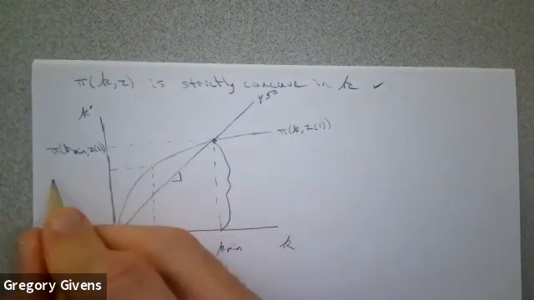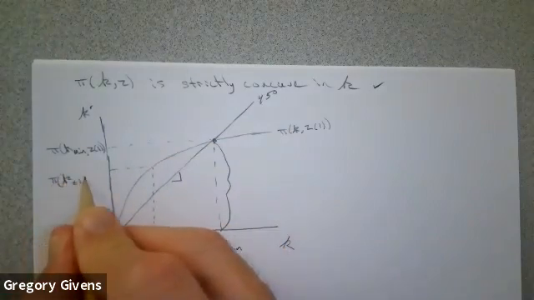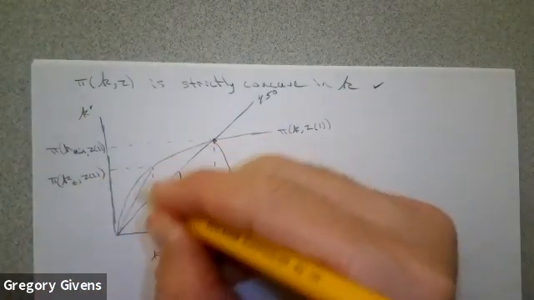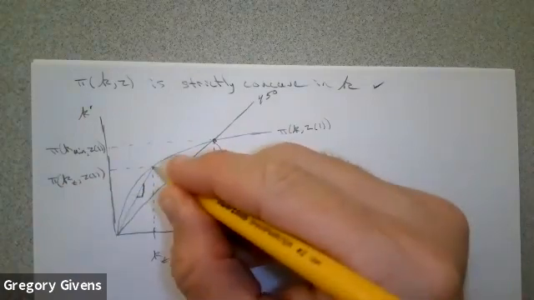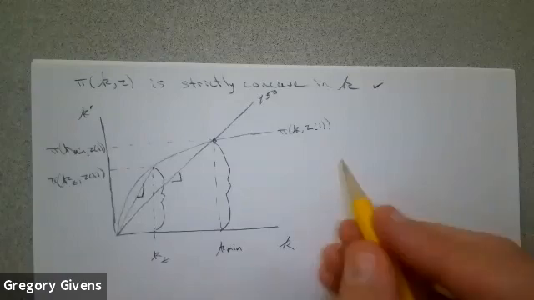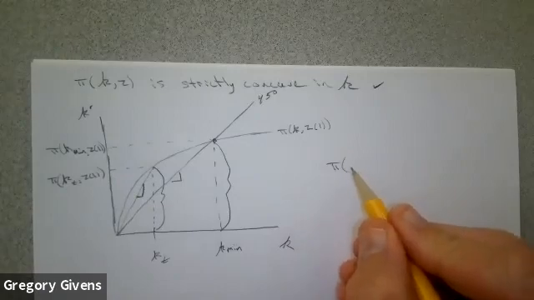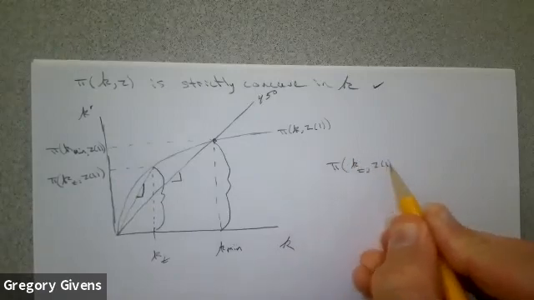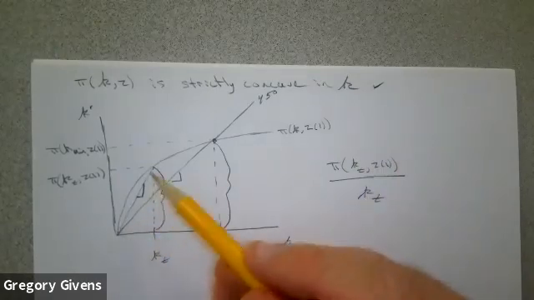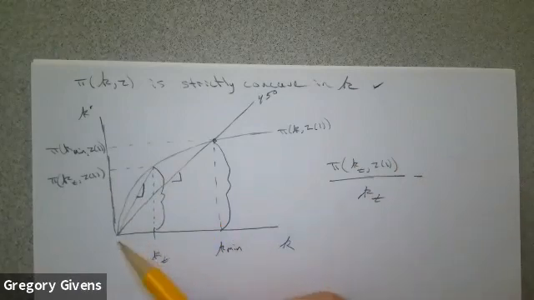This point would be pi of KT Z1. The slope of this secant then is going to be pi of KT Z1 divided by KT. So that means that pi of KT Z1 divided by KT, the slope of this secant, is bigger than the slope of this secant, which we know is equal to 1.